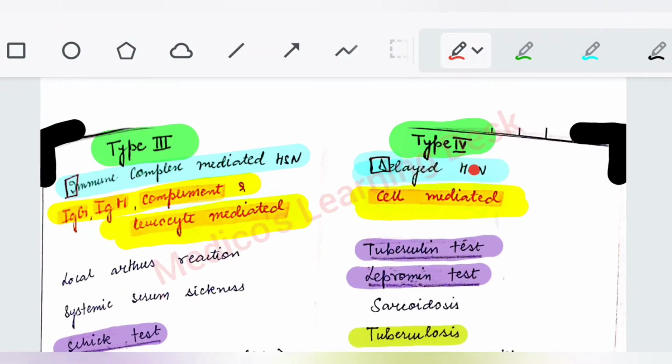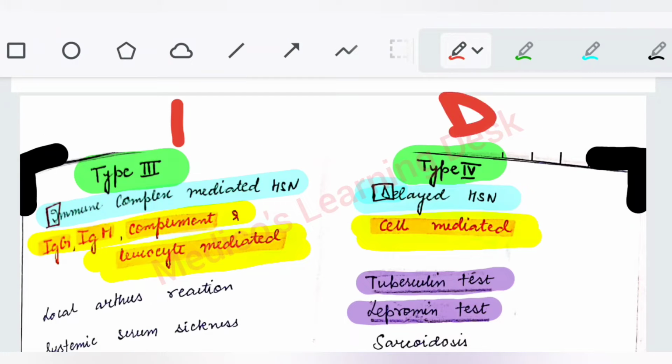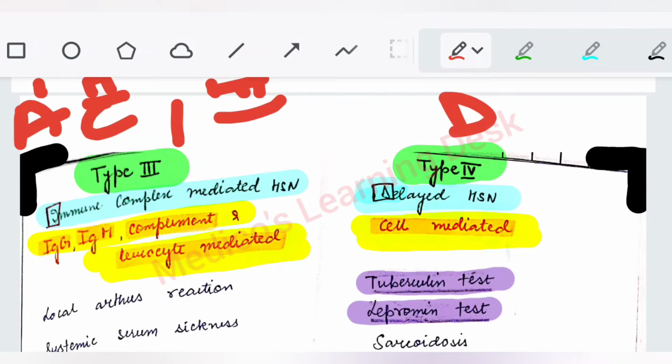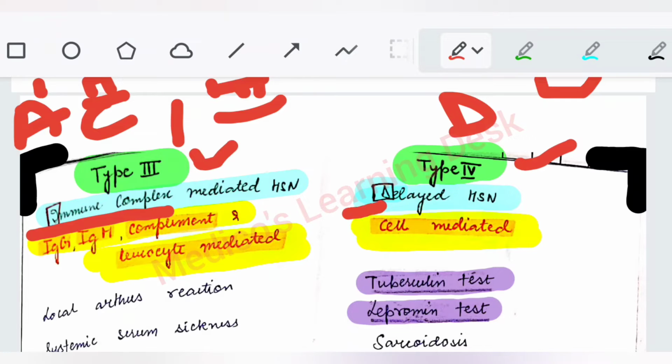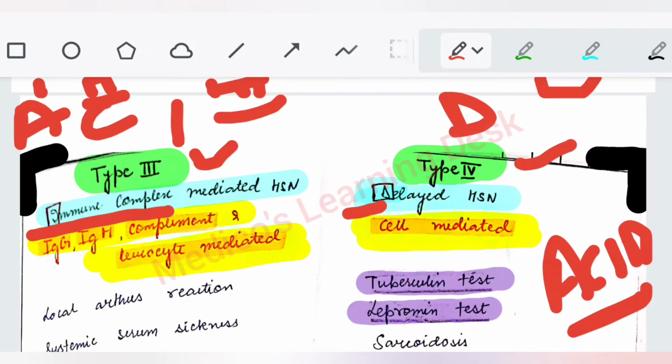Then I is immune complex mediated, which stands for type 3, and D is delayed type, which is type 4. So ACID is the mnemonic to remember the types of hypersensitivity reactions.